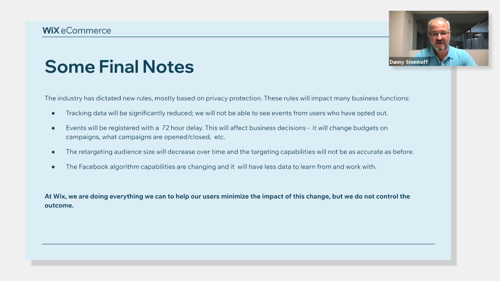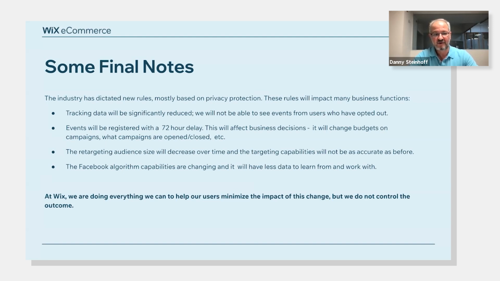This is an industry-related change, aimed at privacy protection, and these rules will impact many business functions. The tracking data will be reduced, as we know already. Events will be registered with a delay, and the number of events will be restricted. The retargeting audience will also decrease over time, and the targeting capabilities will not be as accurate as before.